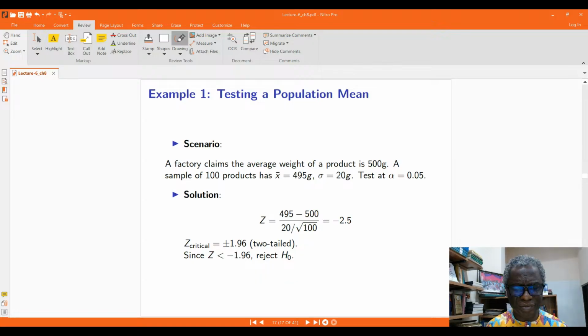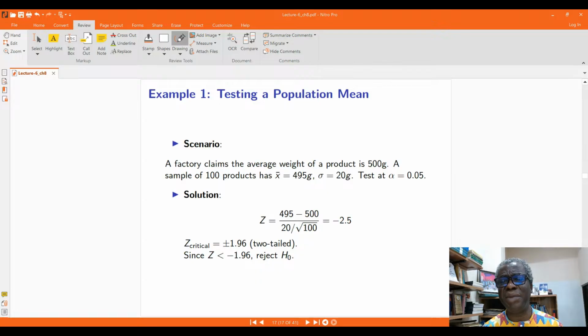And then the average, that's the sample mean of the 100 products, is given there as 495 gram.